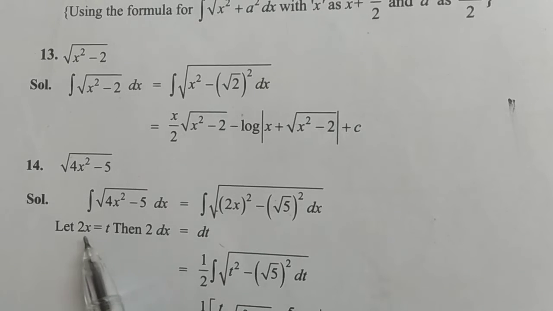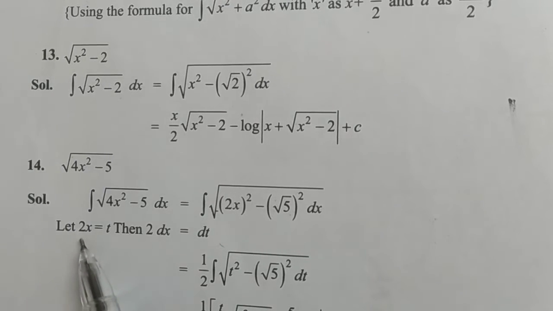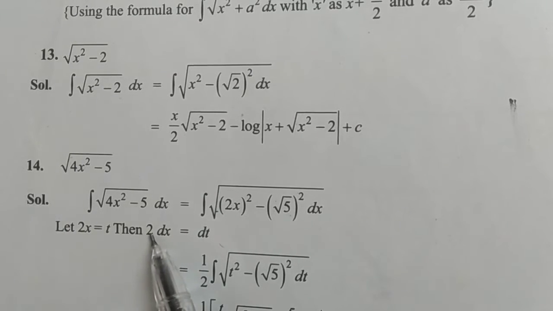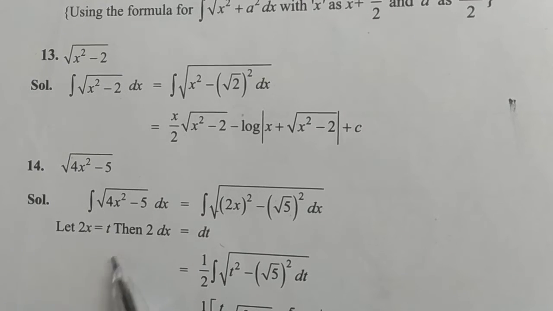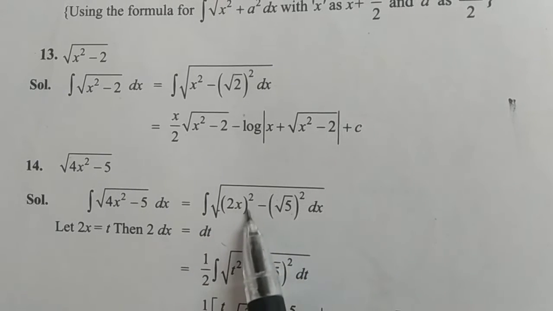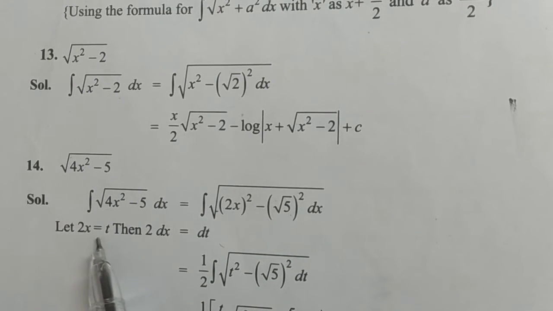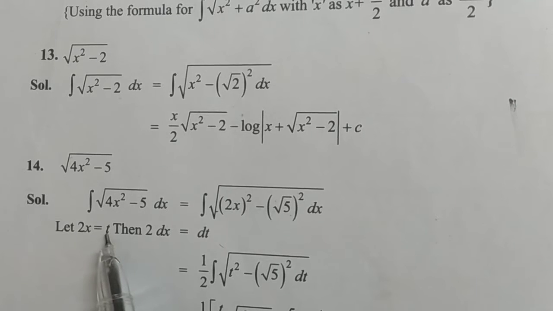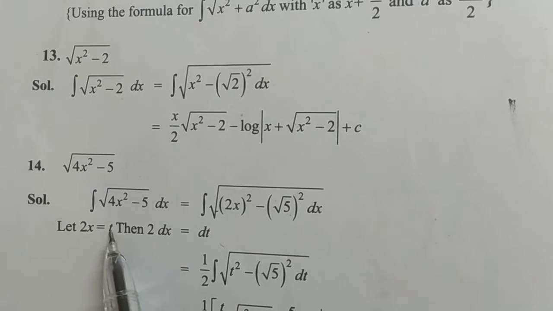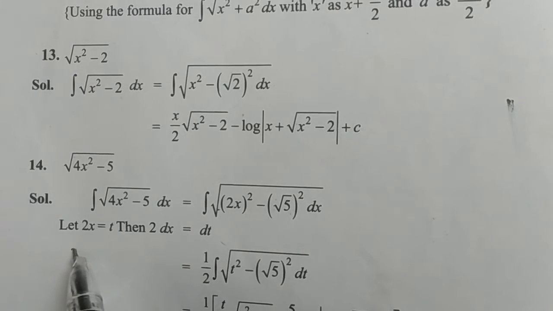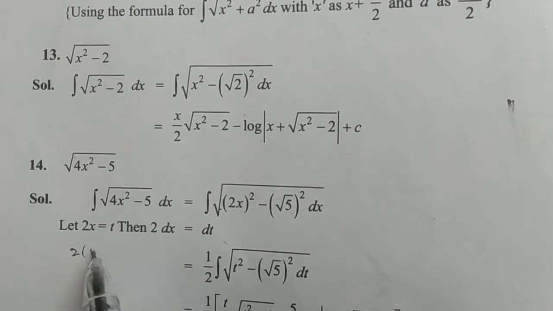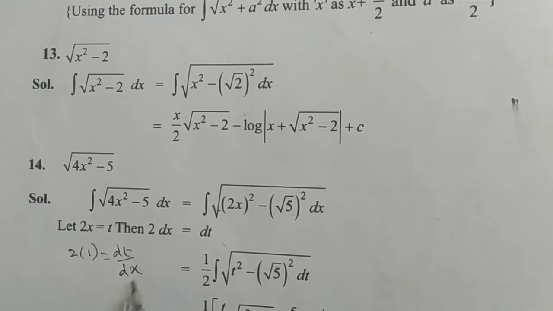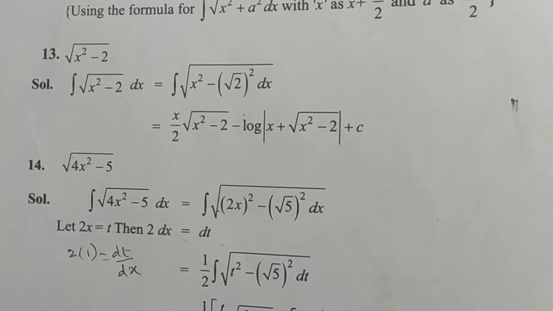Differentiating with respect to x, the derivative of x is 1, so 2 into 1 equals dt by dx. So 2 into dx equal to dt.